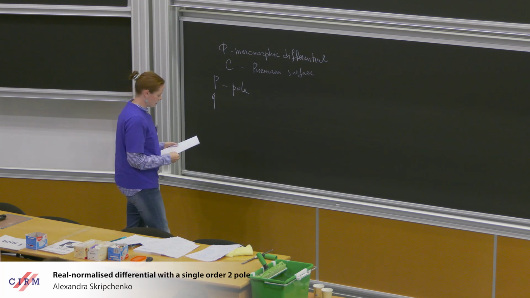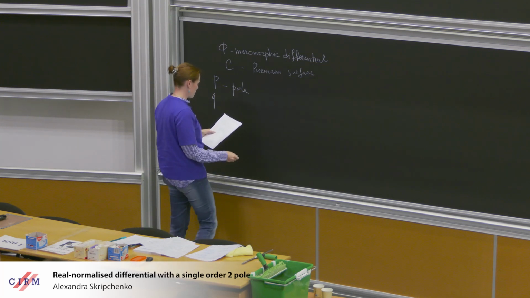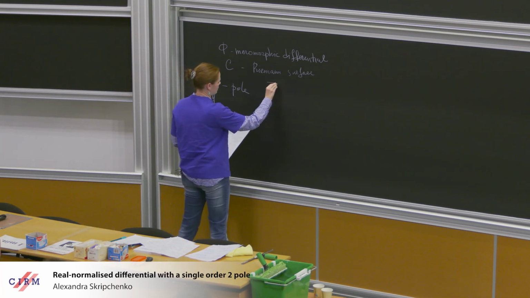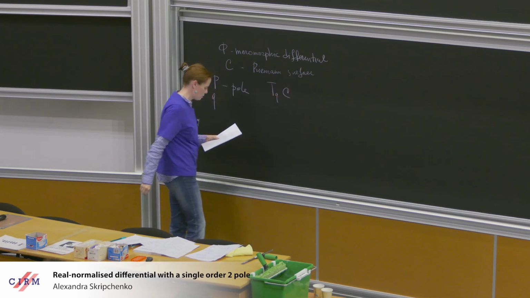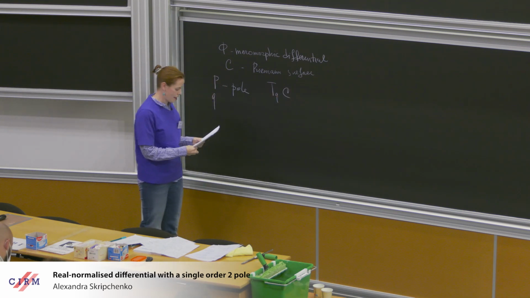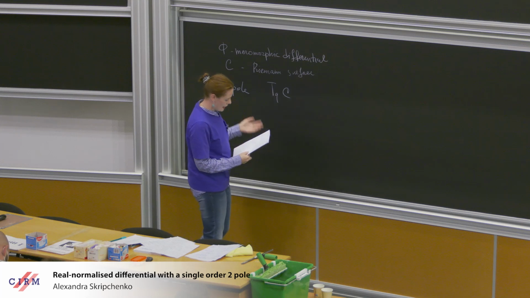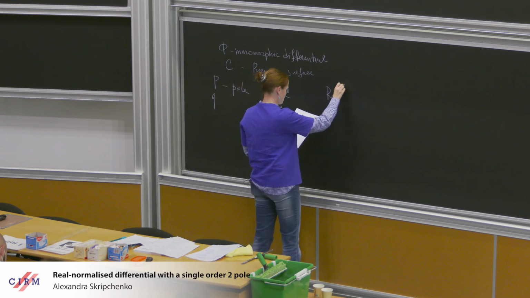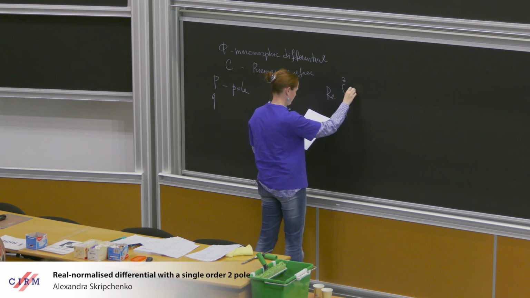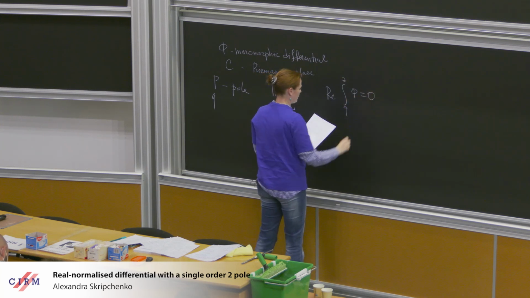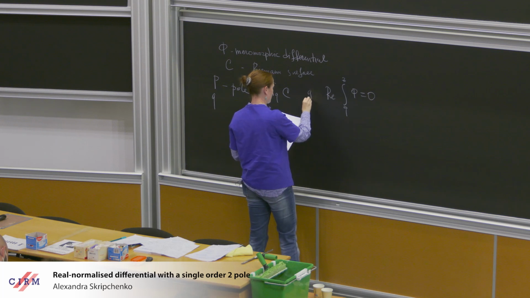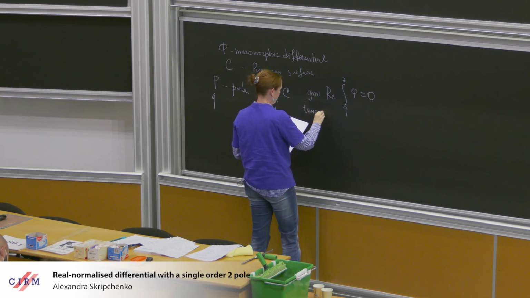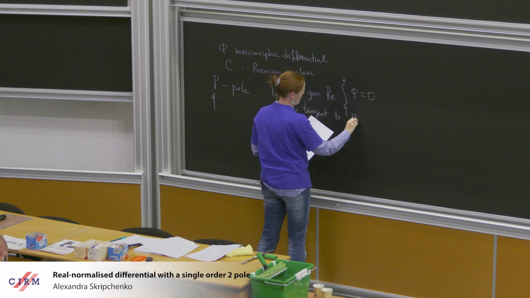Then I can consider the tangent plane to my surface at the point Q. And I can choose a line there, which is tangent to the germ of the curve given by the equation like that. And I want to be tangent to this germ.